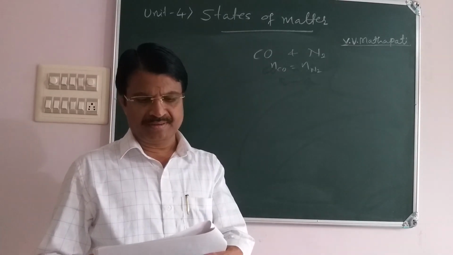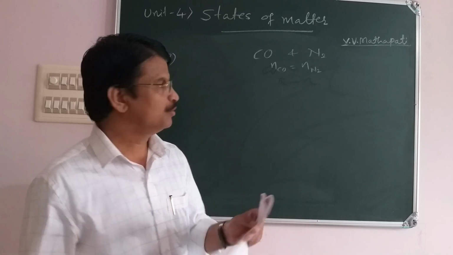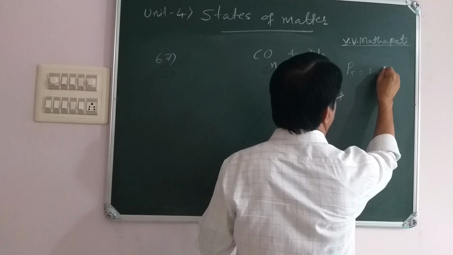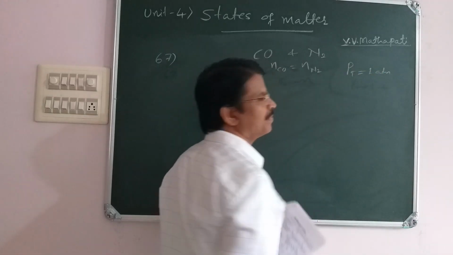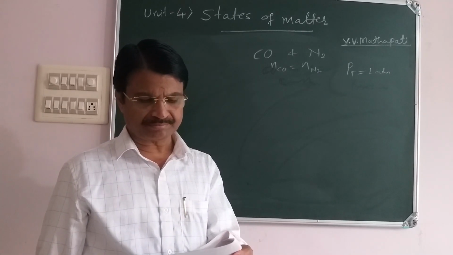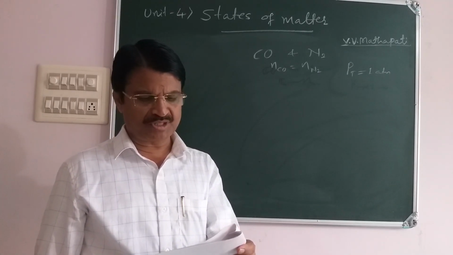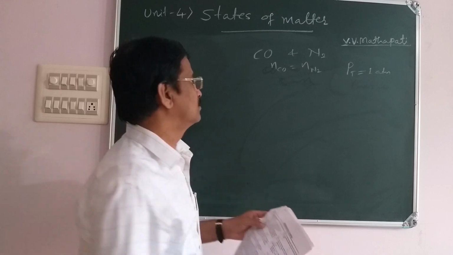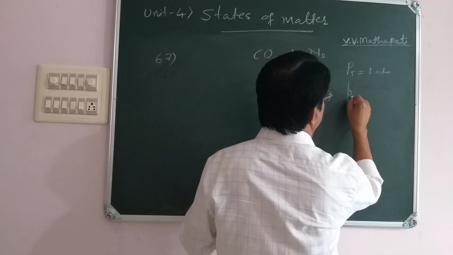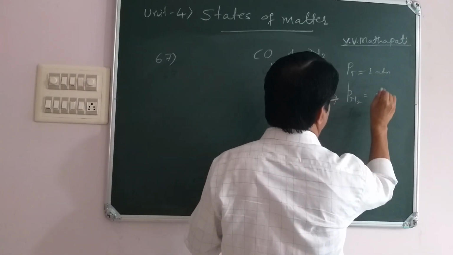If the total pressure of the mixture was found to be 1 atmosphere, P total equal to 1 atmosphere, the partial pressure of nitrogen in the mixture, P of N2, is?